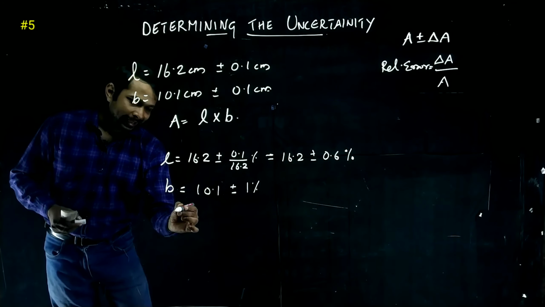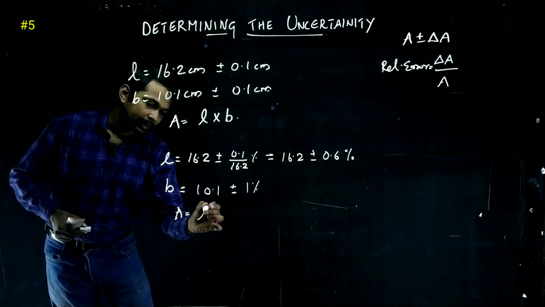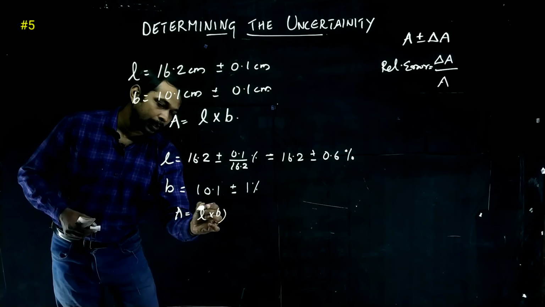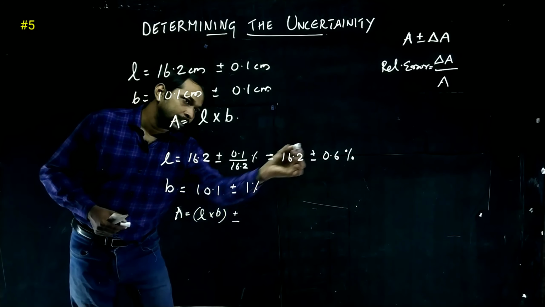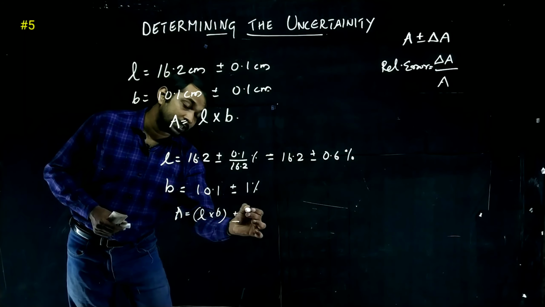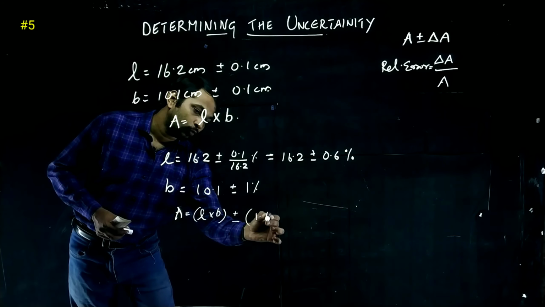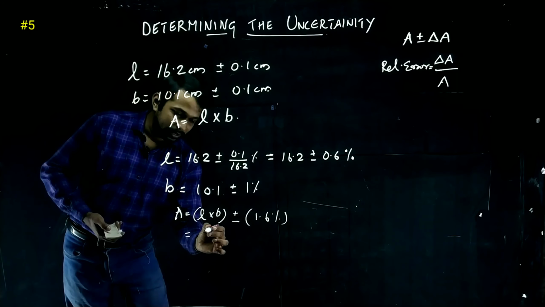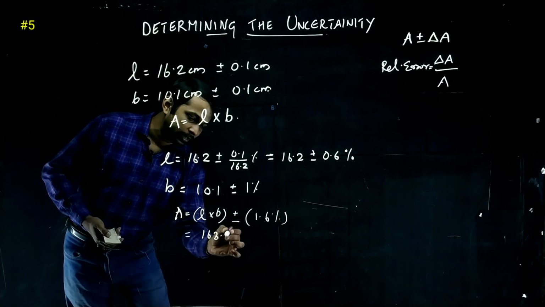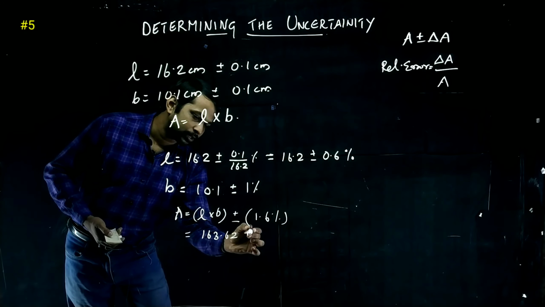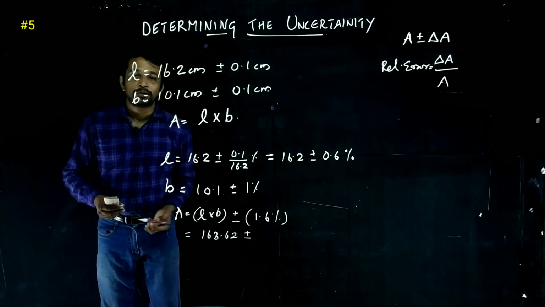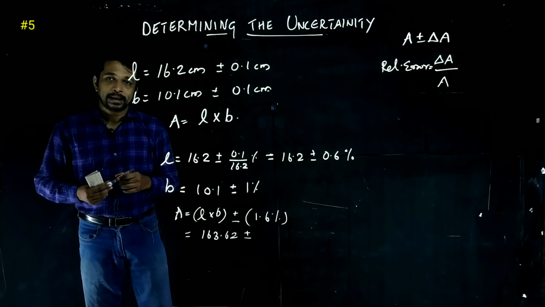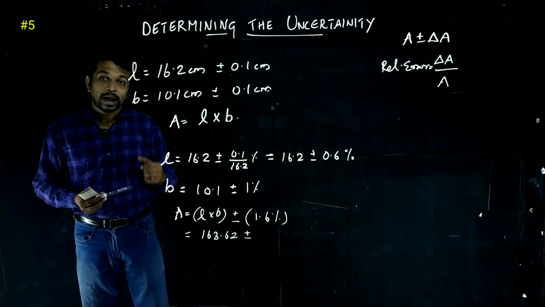Now what is the area? Area is length into breadth plus or minus the sum of these two relative errors, 1.6%. This is 163.62 plus or minus. Now we have to convert this 1.6% back to absolute error.